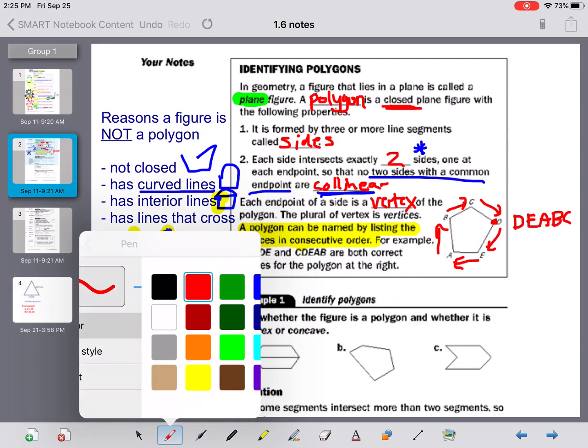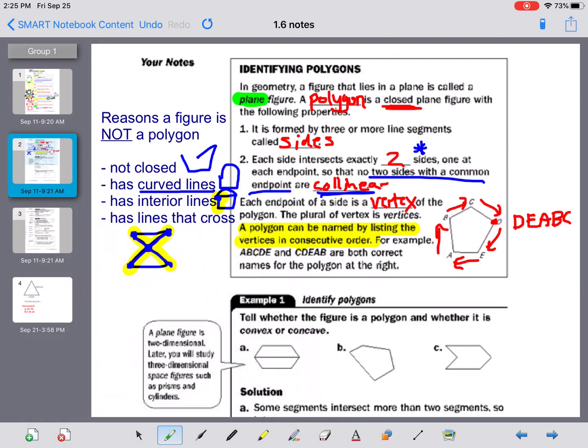But I do want to stress to you, you don't have to go clockwise. I could start at D and go the other way. So I could go D, C, B, A, E, and then I'd be back to D. So I could go around this way. It doesn't matter where you start or which direction you go, but you must keep those vertices exactly in the order you see them, one way or the other.